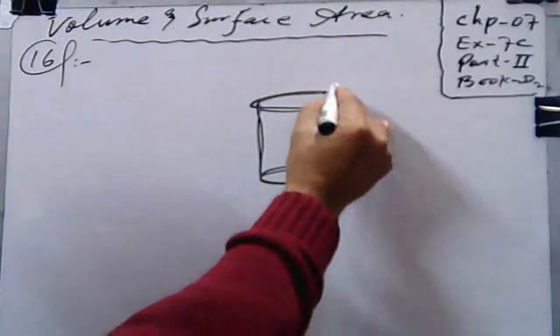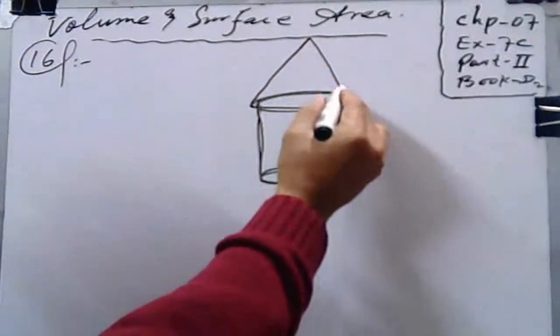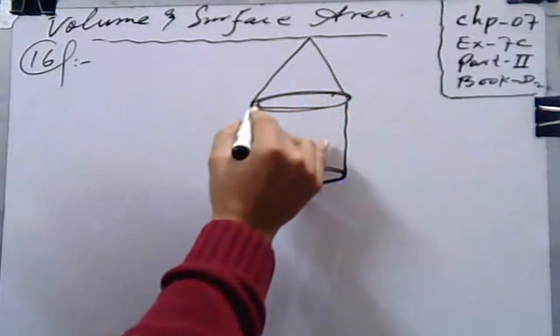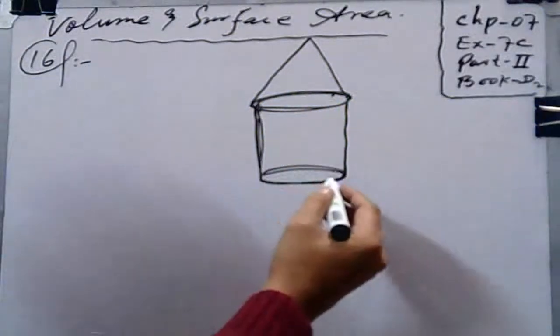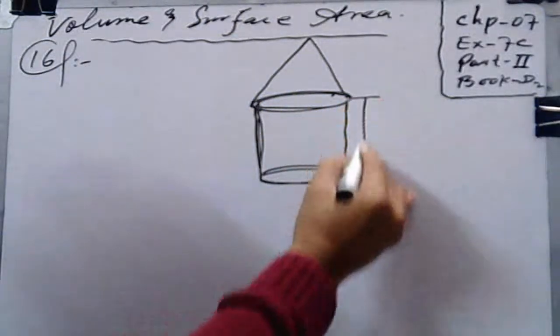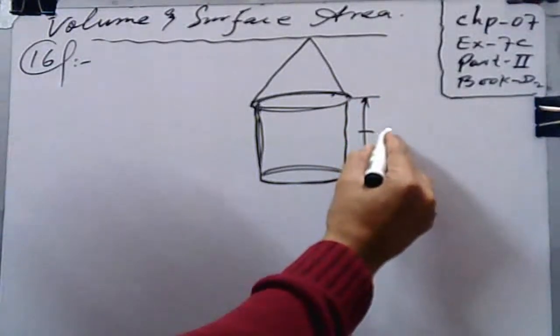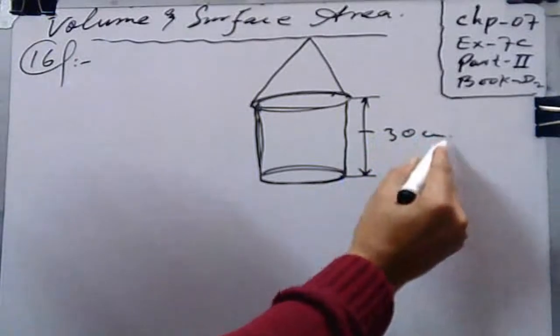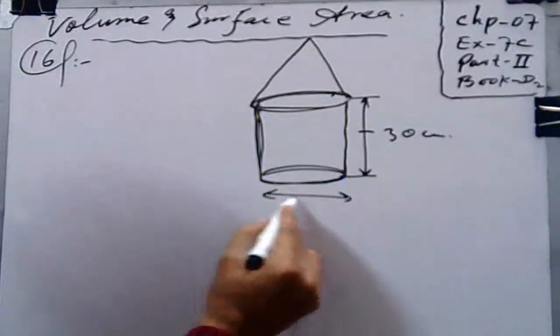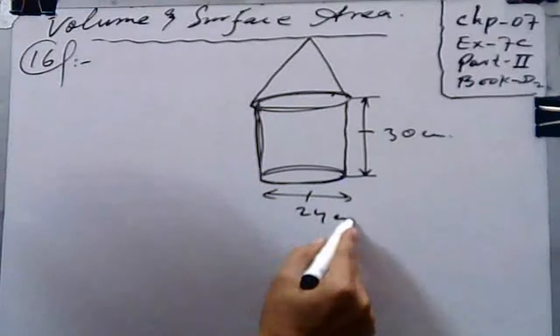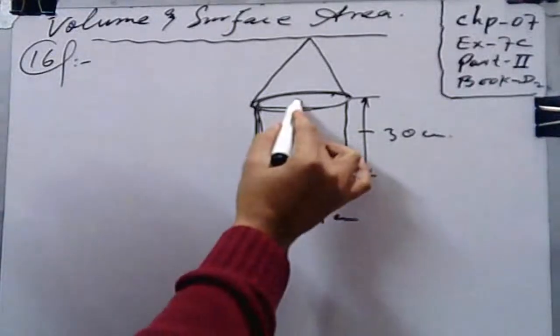This one is your r. The value of r is 24 divided by 2, so you get 12. The total height is also given, that is 46 centimeter.